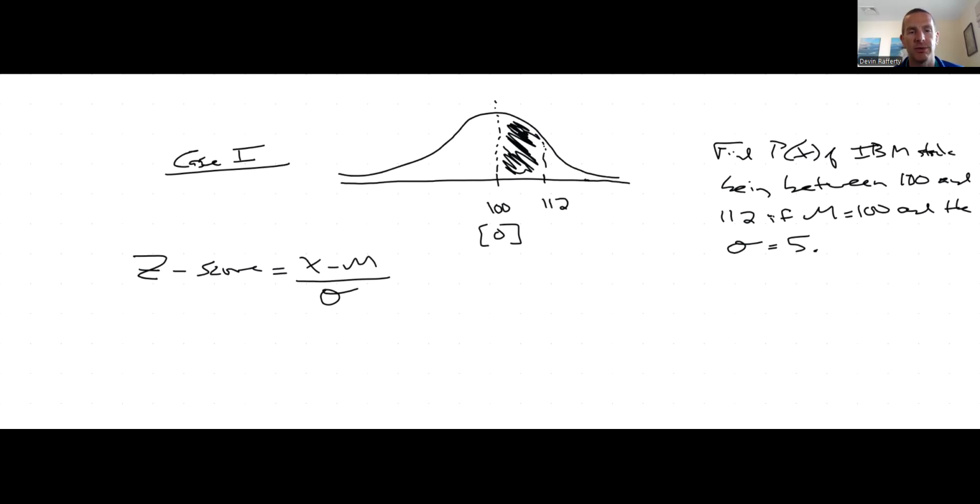But for 112, let's do 112 minus mu, what's mu? 100, over sigma, 5. 112 minus 100 divided by 5, that's 12 over 5, which gives us 2.4.